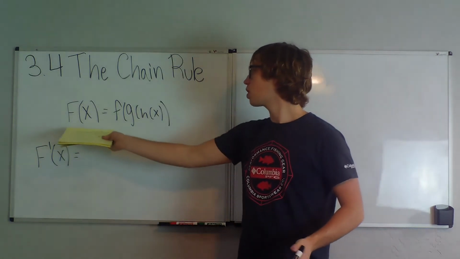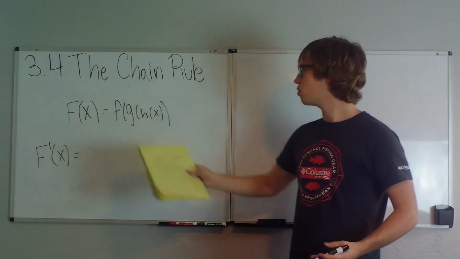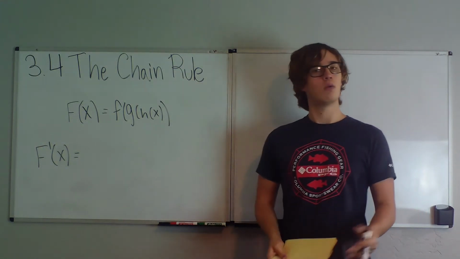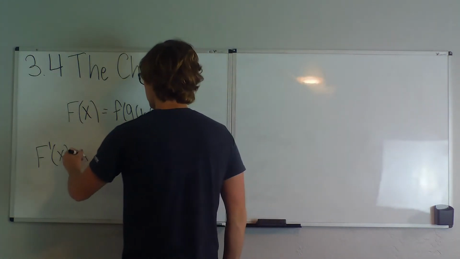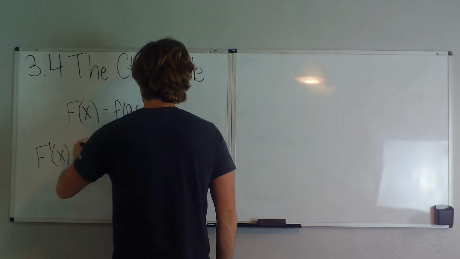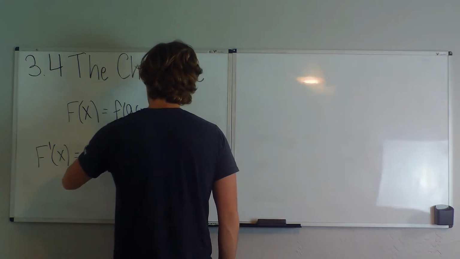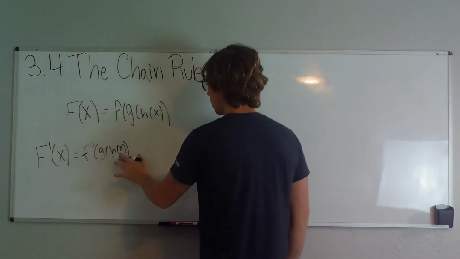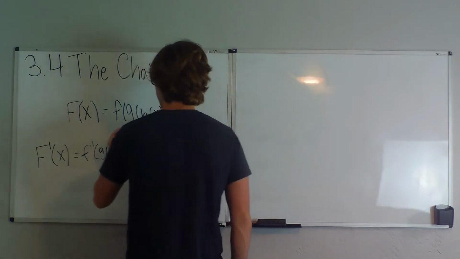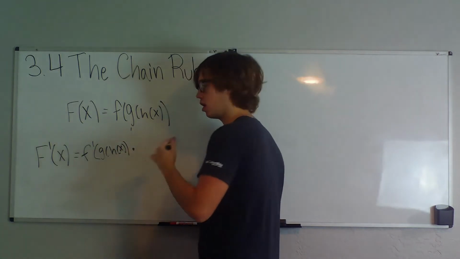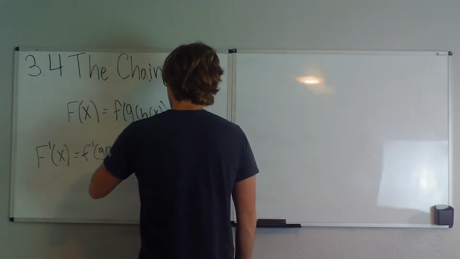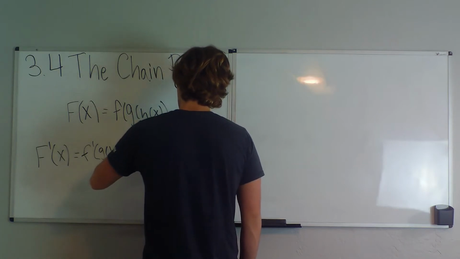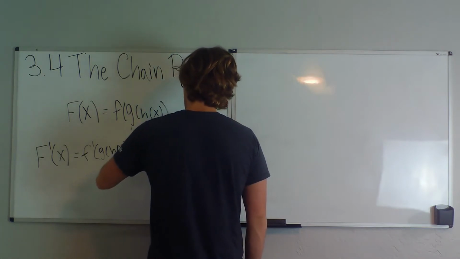So, if we were to say we have big F of x is equal to f of g of h of x, what's its derivative? Well, it's just going to be the derivative of the outer, with the inner still inside. So, f prime of g of h of x times the next most outer function, g prime of h of x.